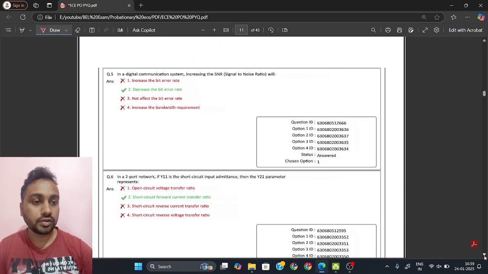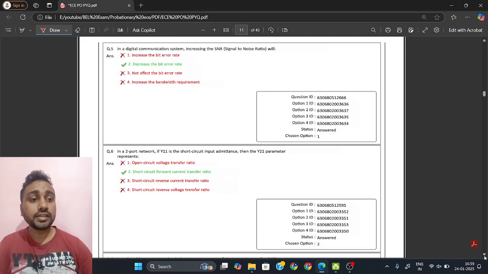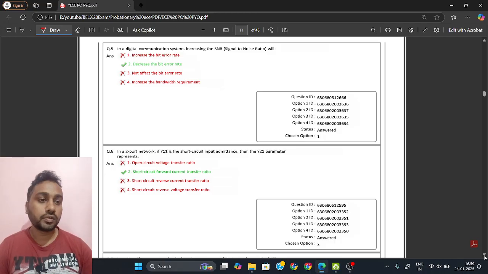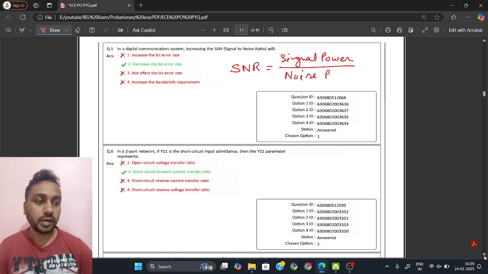Now, in a digital communication scheme, increasing the SNR, meaning signal to noise ratio, will be... So SNR is what? Signal to noise ratio. That is signal power divided by noise power. Okay, this is the formula for SNR.